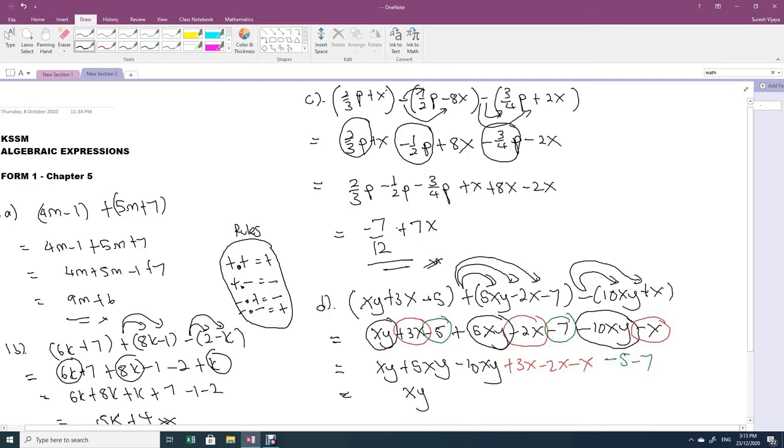So xy is the algebraic variable. What is the value? 1 plus 5 is 6, 6 minus 10 is minus 4. The next one, 3x minus 2x minus x will be 0, so it's not plus.